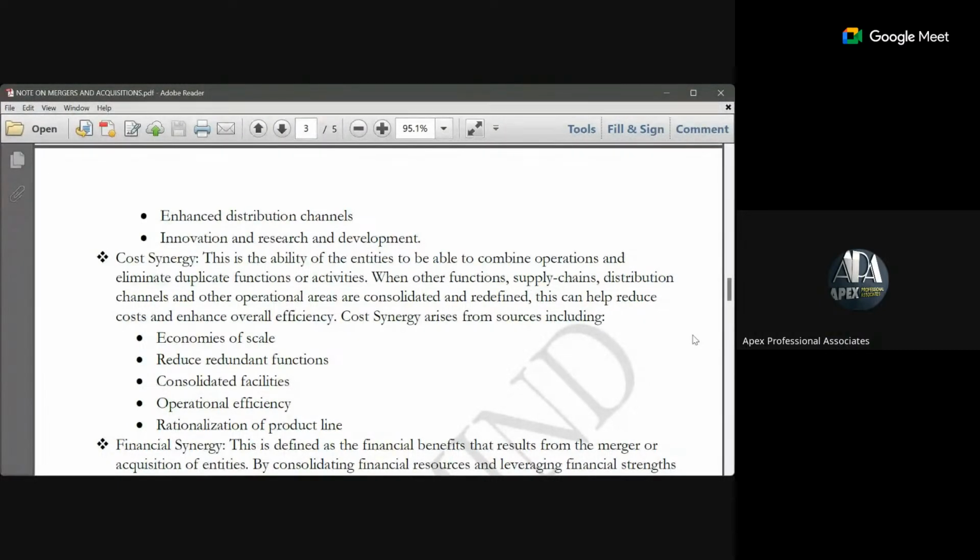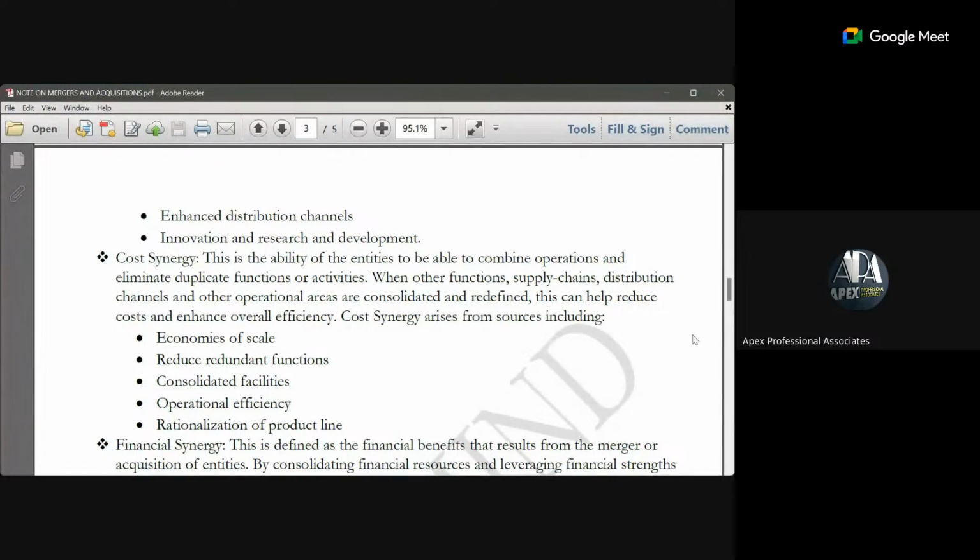We also have operational efficiency. When there is operational efficiency, when there are things that need to be achieved, just like I explained earlier, maybe in company A, they are unable to meet up with deadline. In company B, they are still unable to meet up with deadline. But when they come together and form one, it is easier for them to say, okay, very good, we are now 5. They can now segregate.